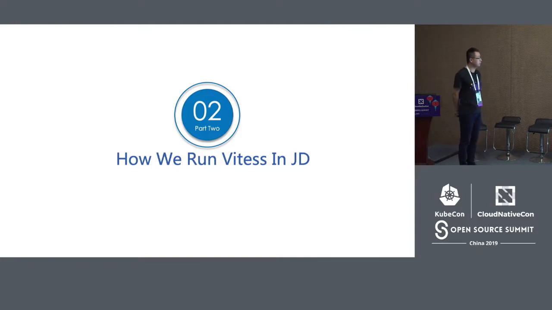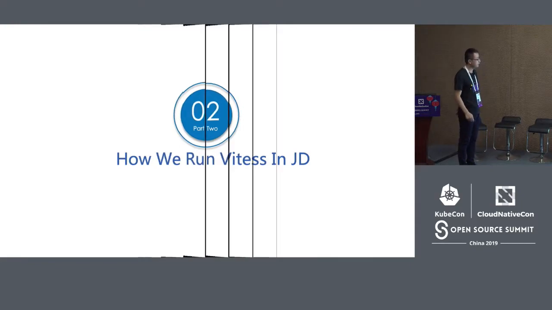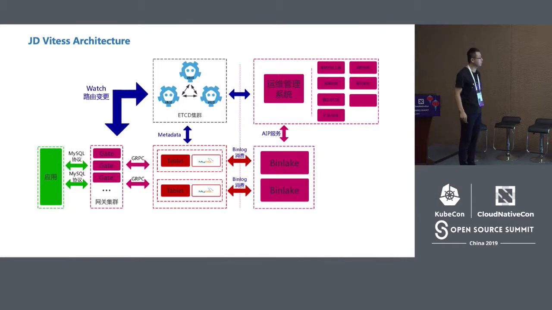Second, I'd like to talk about how we run Vitess in JD. This is our internal architecture. Through the MySQL protocol, apps connect to our VTGate, and the VTGate connects through gRPC to our shards. The shards encompass two components, VTShard and VTTablet. The query results are fed back eventually to the apps.